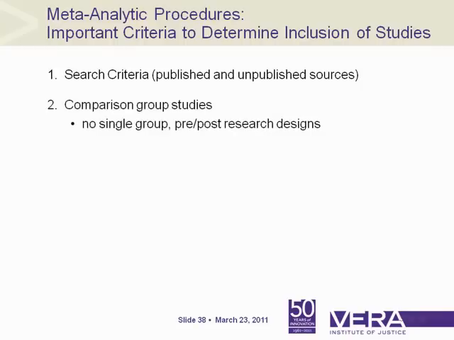One of the most important things to think about when determining whether a study should be included in your meta-analysis is whether it's a comparison group study. Comparison group studies are really the only real way to attribute causality of a given program. So we never include studies that only use a single group, a treatment group with a pre and post research design.